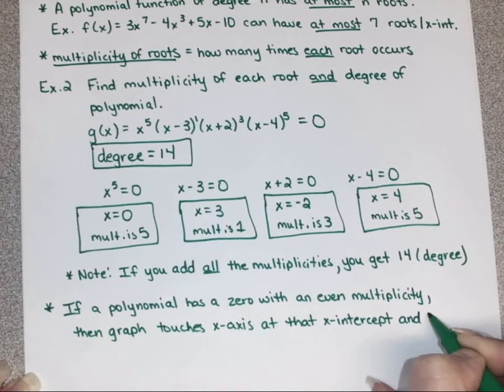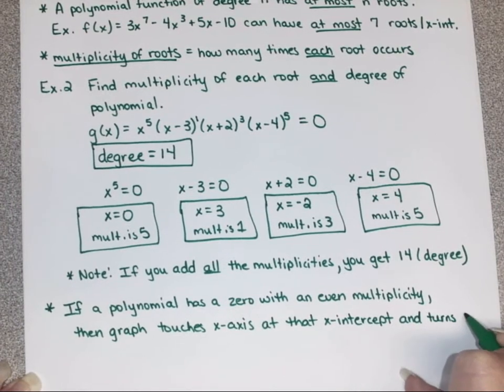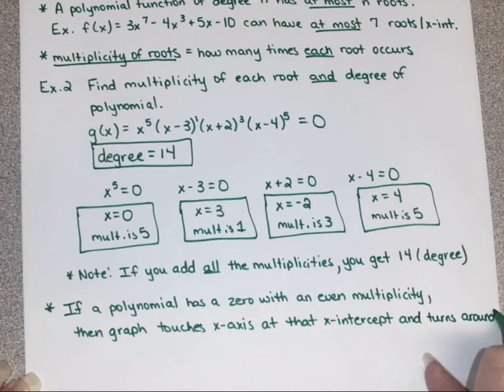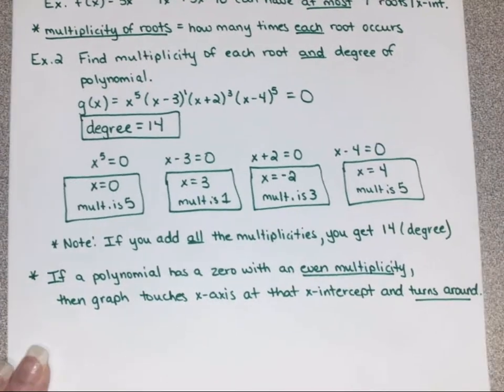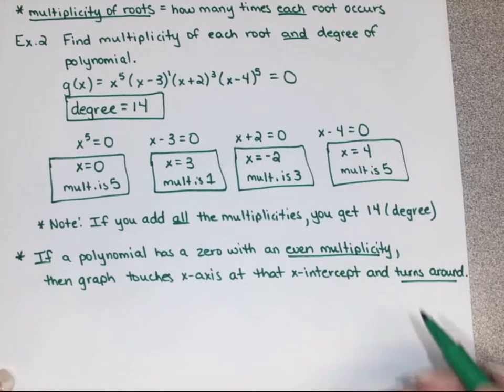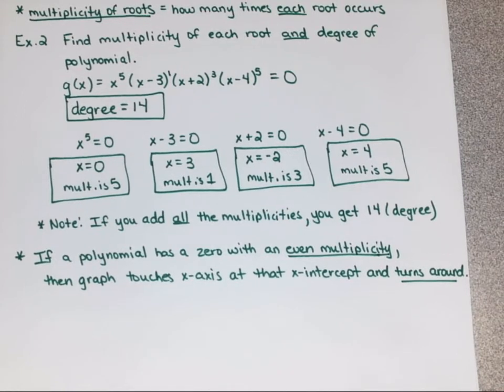But then it turns around. So even multiplicities are going to touch the x-axis because that's what x-intercepts are, but more than that, they're going to turn around once they get there.